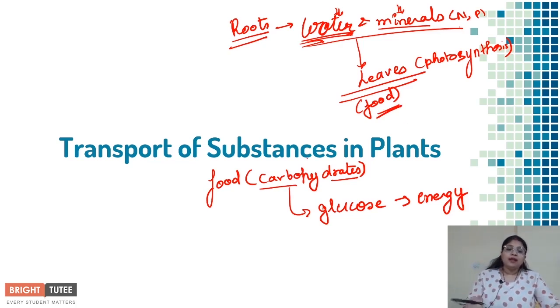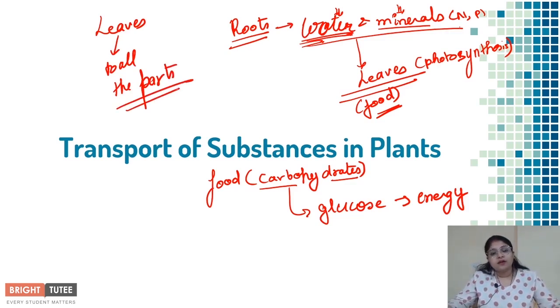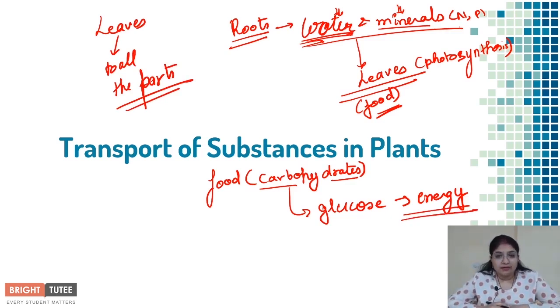So, now the second type of transportation that is needed is from the leaves to all the parts of the plants, right? All the parts. And again, like I said, the importance of this movement is because of the energy that is required by the cell to perform various activities.